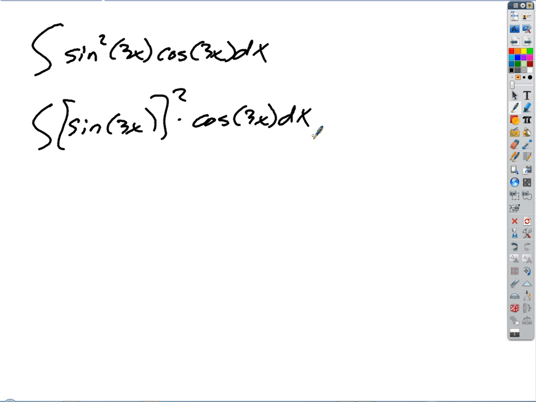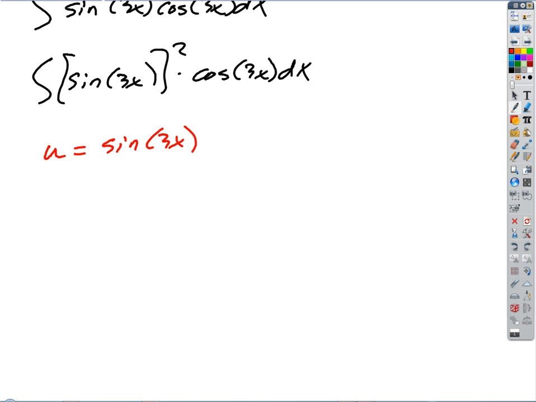Could we do this with one bigger u substitution? Yeah. Suggestions what that might be? Sine 3x cubed. Yeah. What if we just took everything inside the power function here and called that u? So if u equals sine 3x, then what's du going to equal?